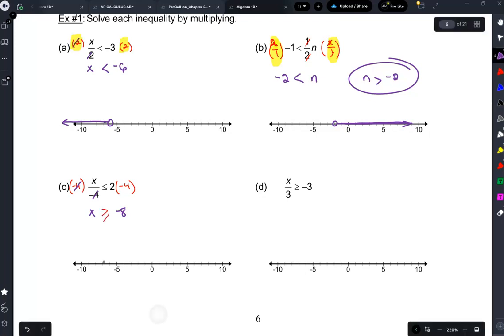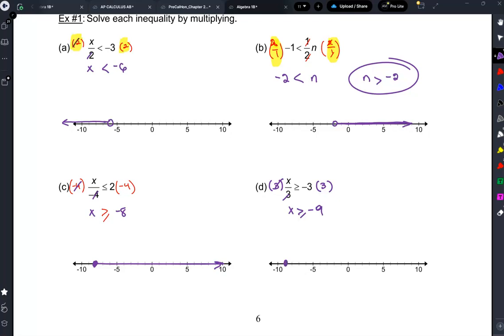So here, I go to negative 8, closed circle, and we're going to go this way. Okay? All right. Here we're going to multiply by 3. Keep the sign, -9, closed this way.